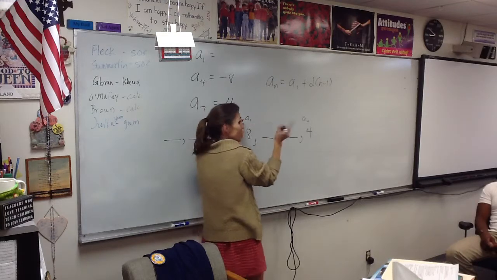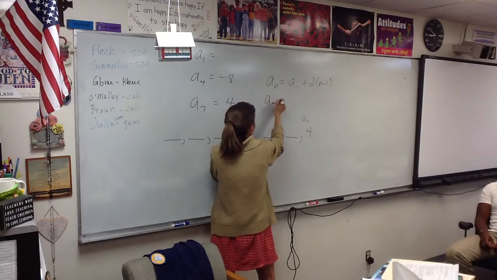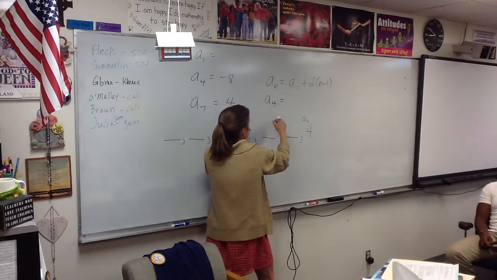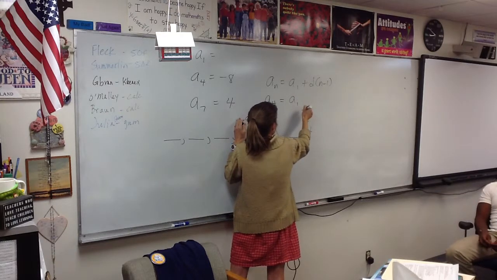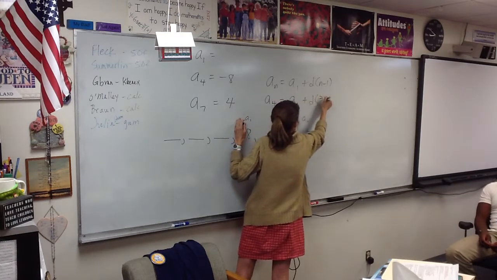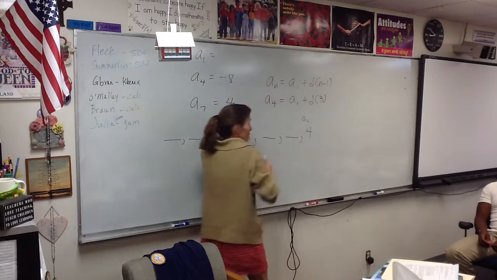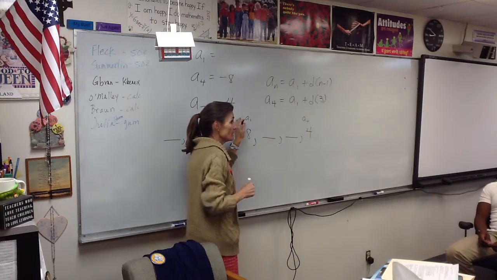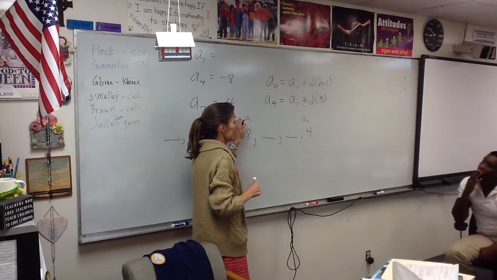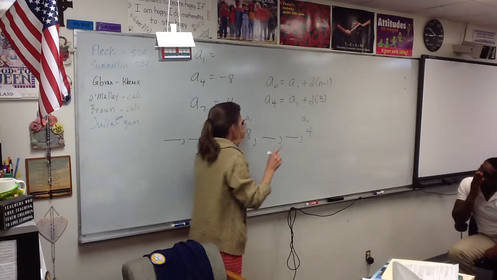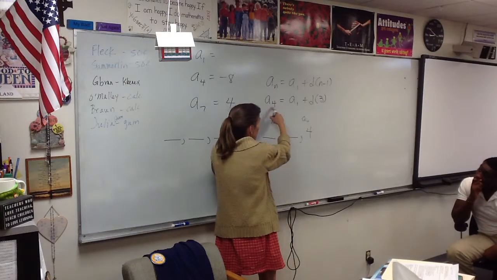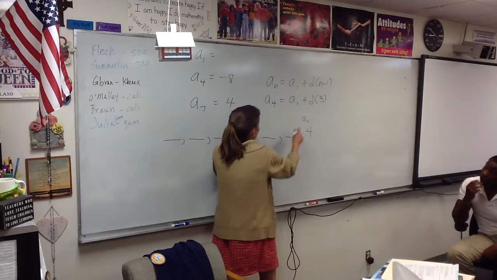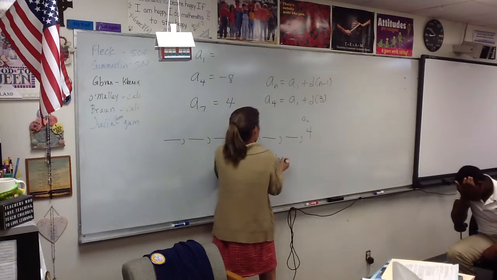could I say that the fourth term, A sub 4, is the first term plus the common difference times 3, 4 minus 1? Could I say that? Okay, yeah, I'm with you. Now, what is the fourth term in my new setup? 4.